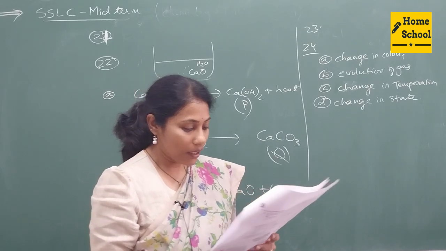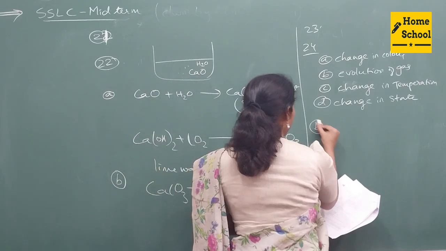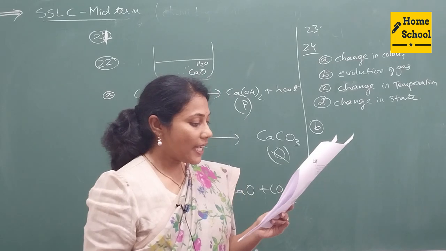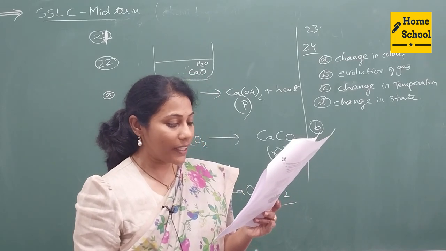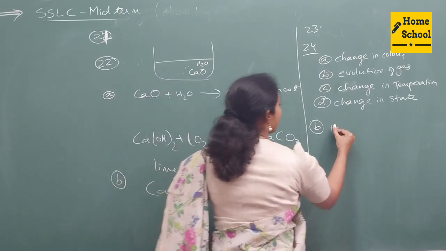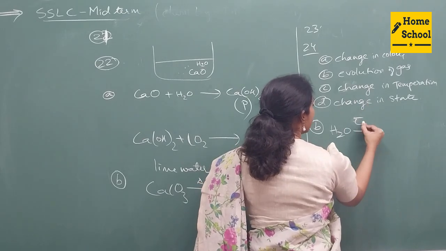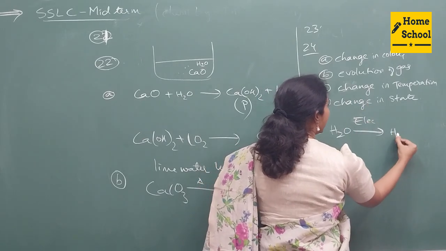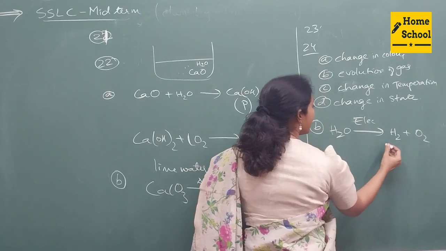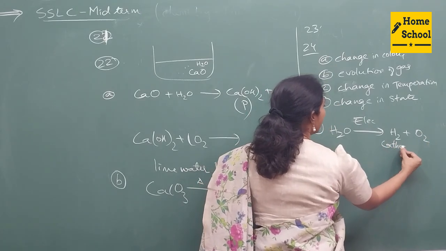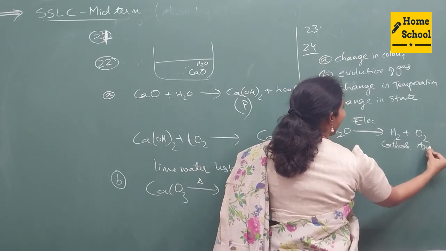Now coming to the B sub question under 24. Name the gases that liberate at the cathode and anode during electrolysis of water. When water is subjected to electrolysis, you will get hydrogen gas and oxygen gas. Hydrogen gas is formed at the cathode, oxygen gas is formed at the anode, right?